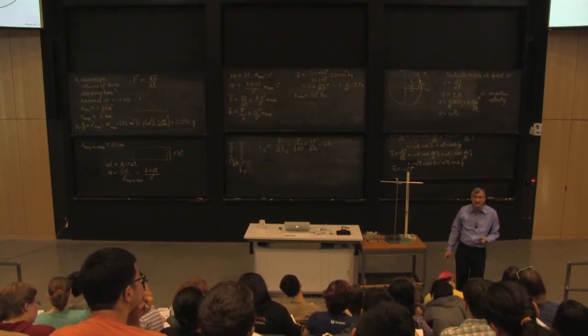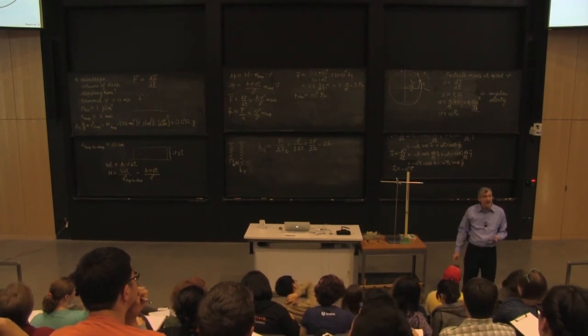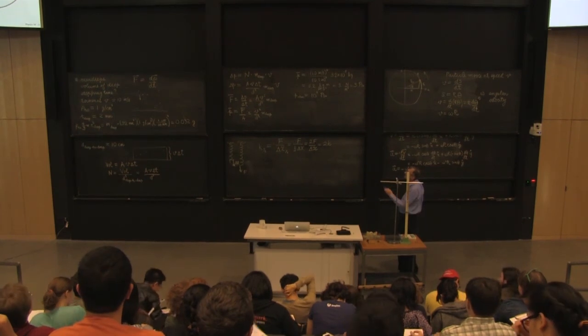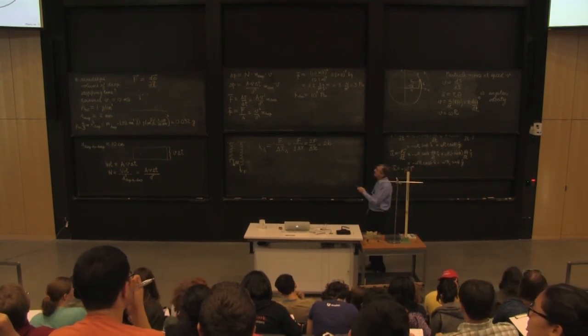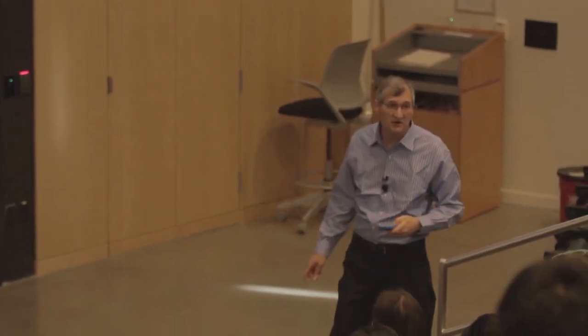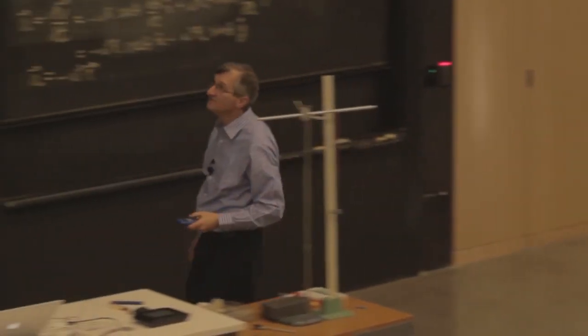If it weren't accelerated, what would it be doing? Flying off the circle, going in a straight line at constant velocity. So you have to keep bending it towards the center if you want it to go around in a circle. And the faster you go, well, the acceleration goes up as the square of the angular velocity.